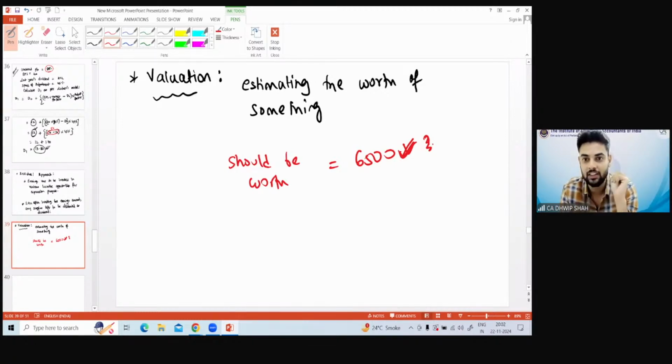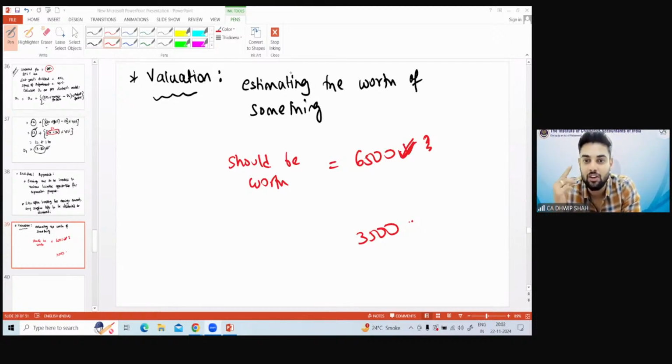Now you entered the shop and asked the shopkeeper what the price of the shoes on display is. He said it is 3,500. Will you buy or not? My question: according to you, your brain spoke out a price of 6,500. When you went inside the shop, the shopkeeper said that pair of shoes costs 3,500. It is worth 3,500. Will you accept or not? Buy. Yes, buy.